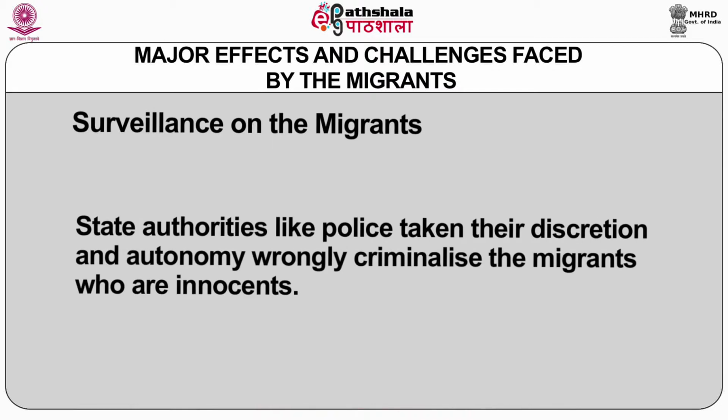State authorities like police take their discretion and autonomy wrongly and criminalize migrants who are innocent. Such branding victimizes the migrants who move to another place illegally. Sometimes they move without any identification documents, unknowingly, because of illiteracy.